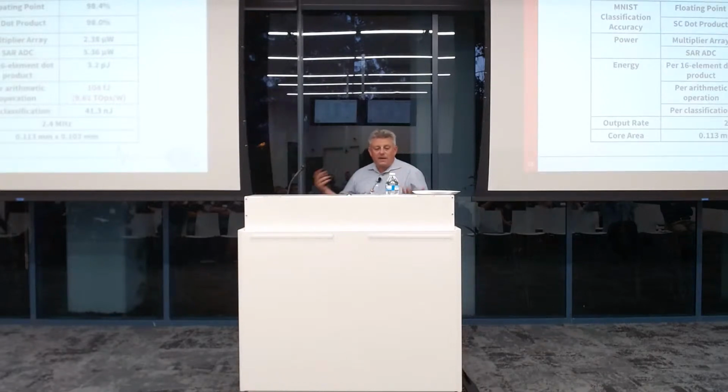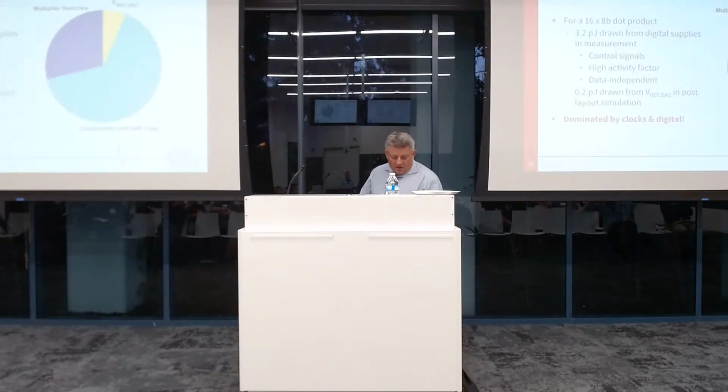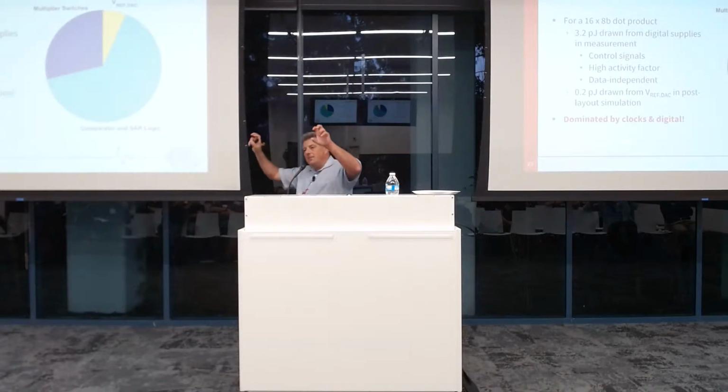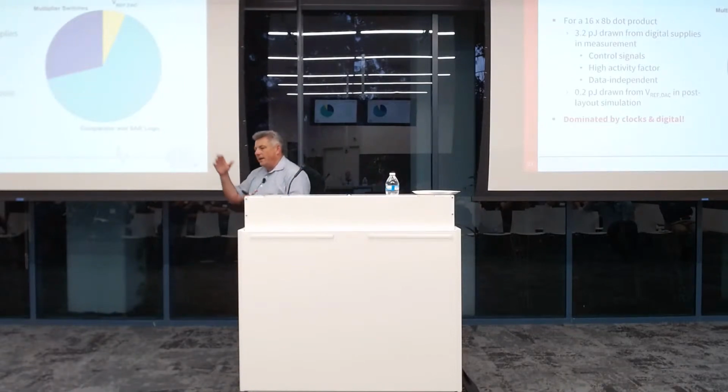And so what happened? What happened is that our analog circuit was actually limited by its digital components. So we built this thing in a way that required way too many clock transitions and control logic operations. And that is eating up almost our entire energy budget.